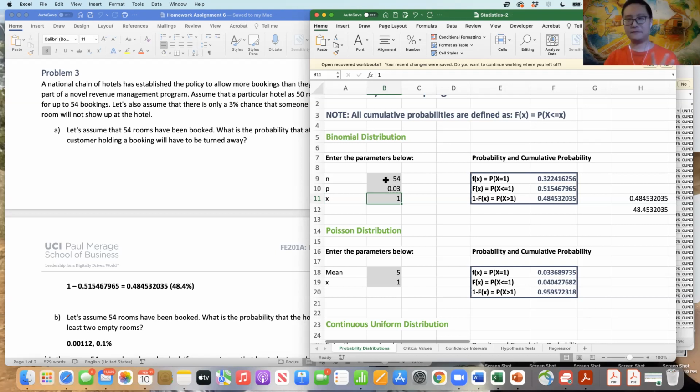So if we have a 51st person booking the hotel, then that makes this extra person, right? But there are also other cases, even 100 or 200 people booking the same hotel, then it's the same condition. So we basically want to find out the probability of X greater than 50.